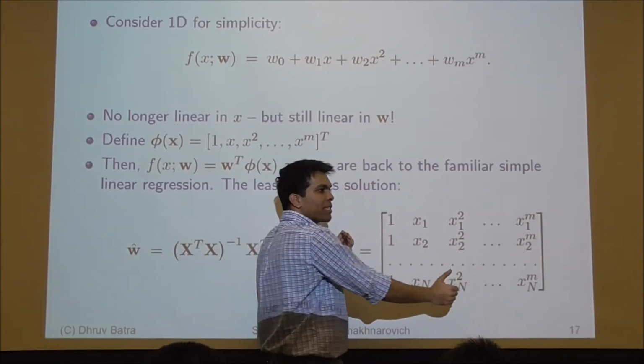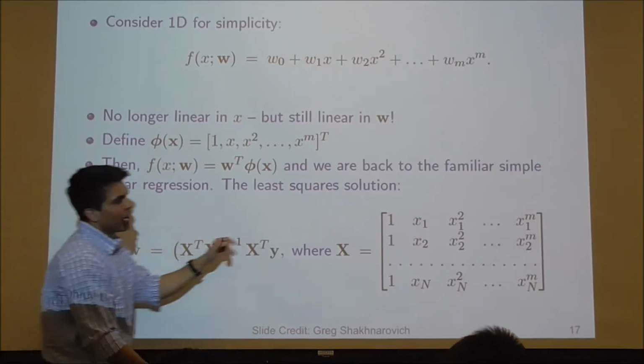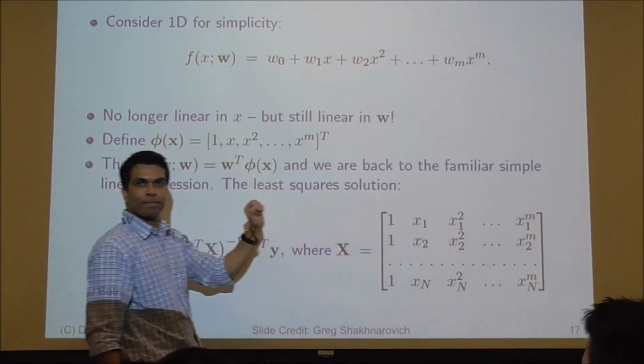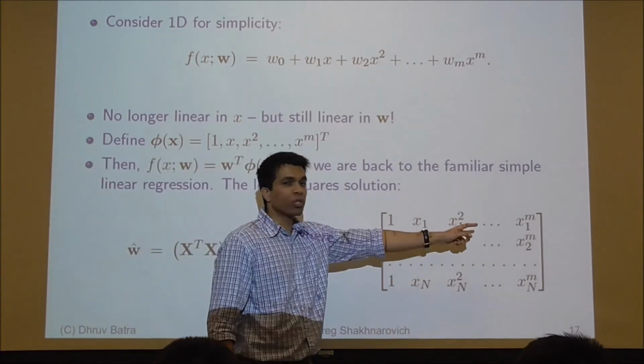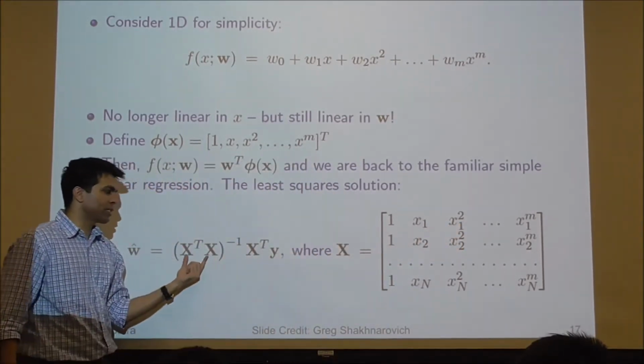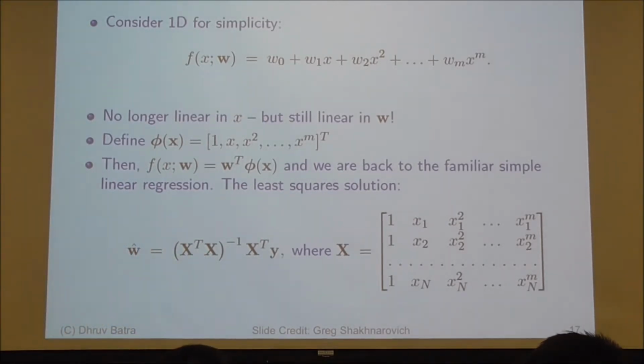And so you can still construct this data matrix, and you can still use that exact same expression, only now your dimensionality is much higher. Does that make sense? And as I mentioned, you don't want to go too high in terms of dimensionality, otherwise this will not be invertible. You just won't be able to do this.